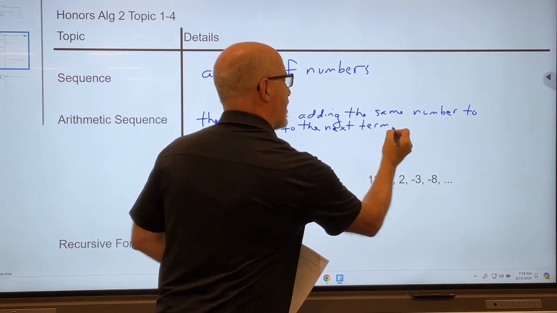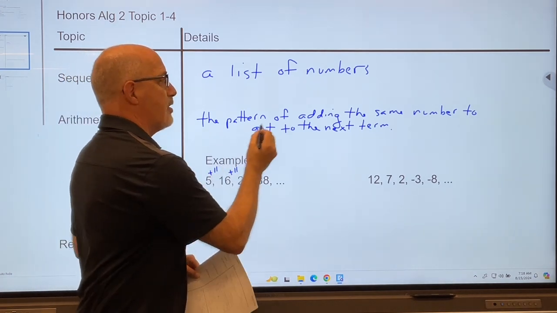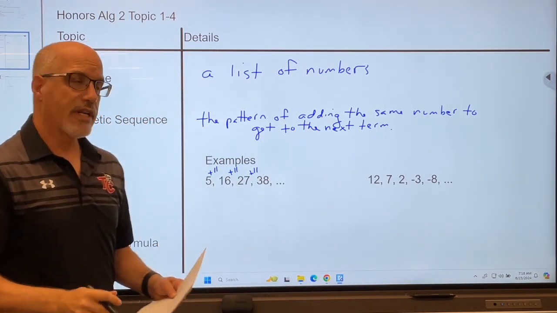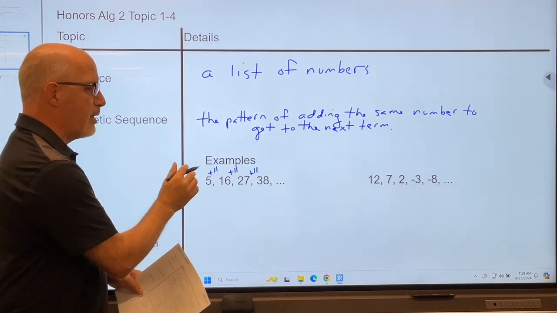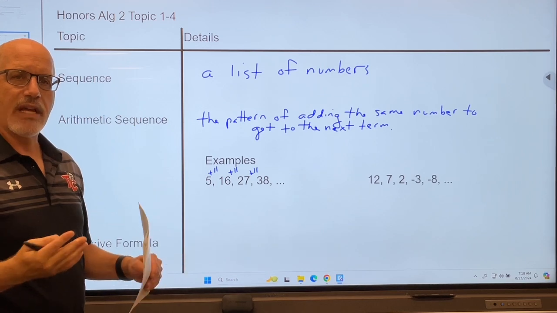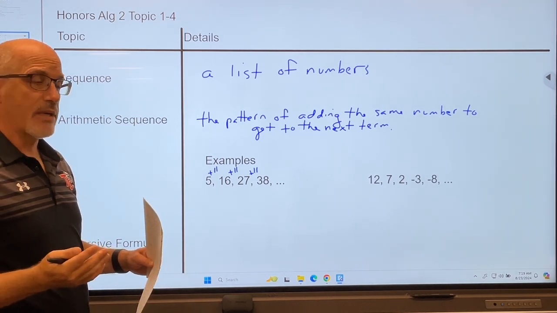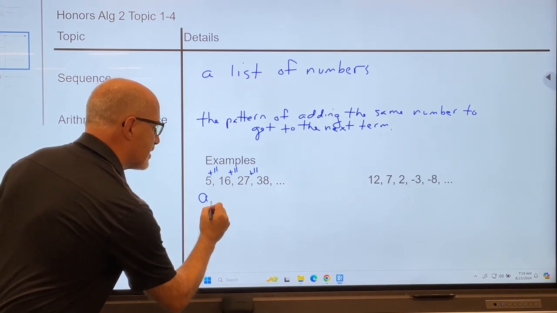So that's what our topic is for this, arithmetic sequences. Notice that add is the key word here to get to the next term. All right, so if you look at this, we're also going to add on some notation. We might use any letter to define the sequence, but we're going to call each term with the letter A with a subscript.